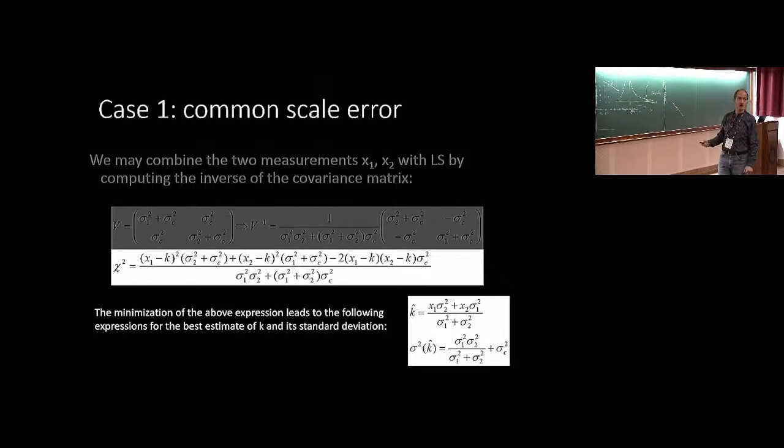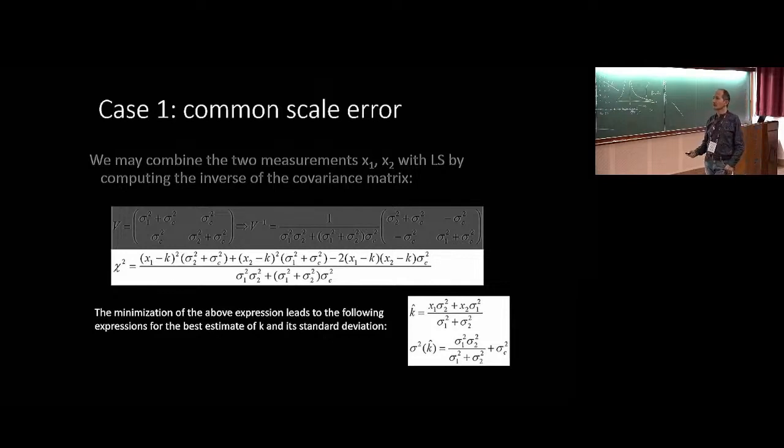Nothing has changed. So the introduction of a common offset error has not changed the estimate of the true value. Because what mattered was the uncorrelated part of the variance. In all this math, at the end, all the mixed terms with sigma c squared dropped out, and the minimization produced the result that you were accustomed to before.